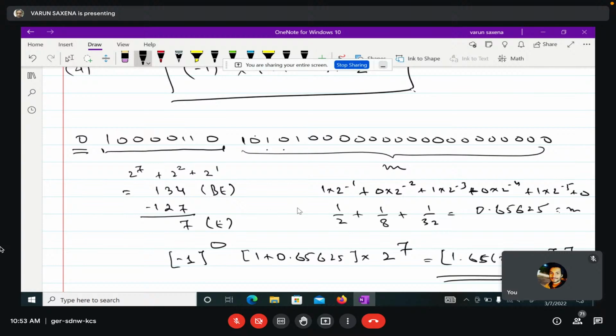Positive numbers, negative numbers, recurring numbers, and then if there is any bit pattern given, you can convert back that bit pattern into the decimal format. In the next class, we'll look into the issue of error propagation, and we'll try to solve some numericals related to adding, subtracting, multiplying, dividing.